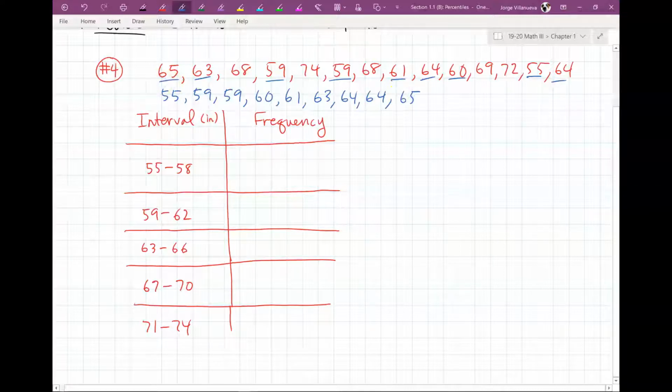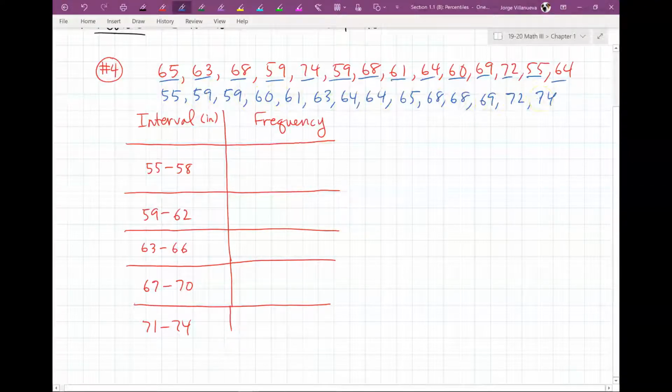A 68. Two, bless you, 68s. A 69, a 72, and a 74. So 69, 72, 74. As always, double check to make sure you have the right amount of numbers. So I'm supposed to have 14. So let's see, 1, 2, 3, 4, 5, 6, 7, 8, 9, 10, 11, 12, 13, 14. So I'm good. I got all the numbers down.